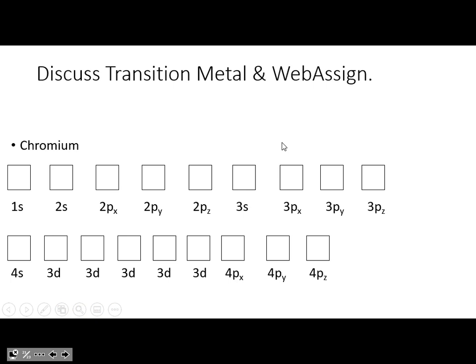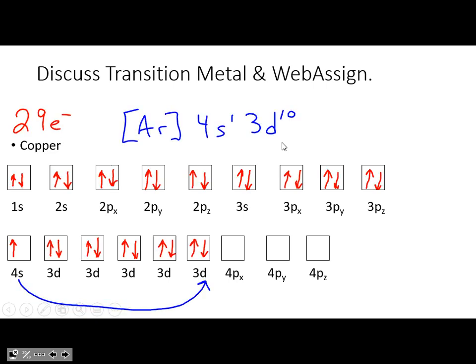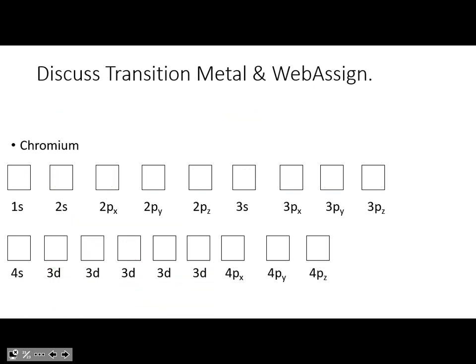Chromium. Now, I just showed you on this one and said they like to fill these d orbitals with 10 right here. Well, sometimes it'll happen where we can fill those orbitals and not even fill the orbitals totally. Chromium is 24.